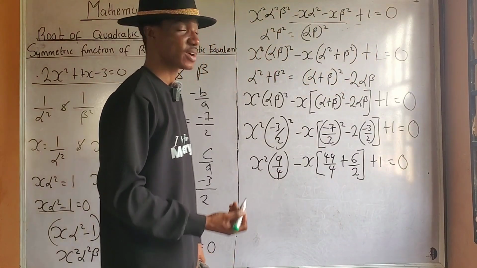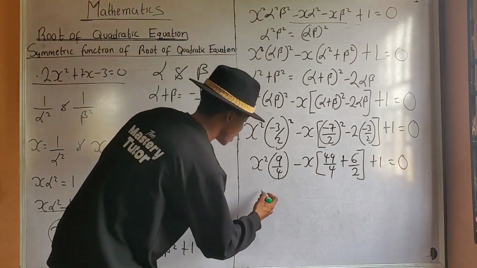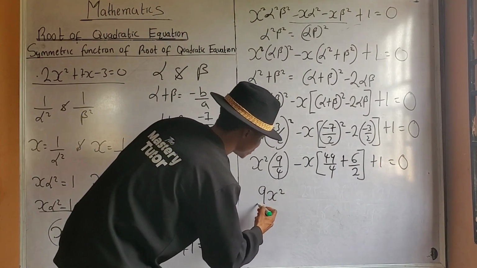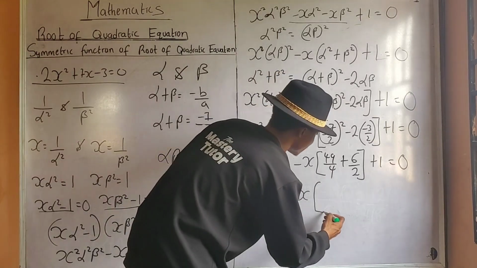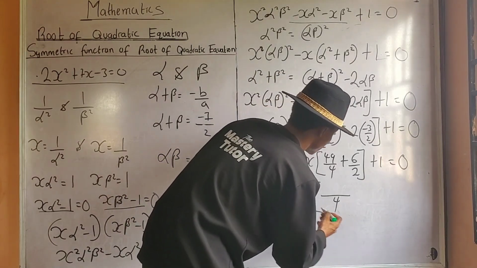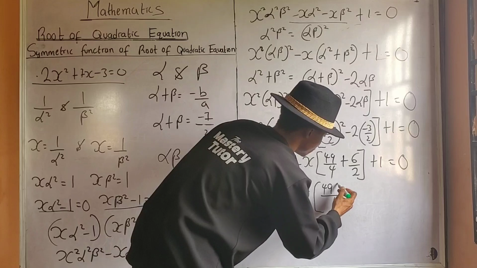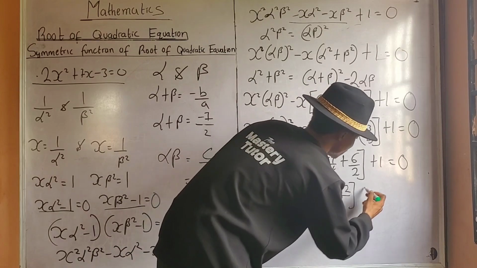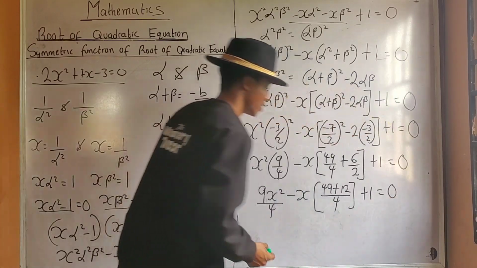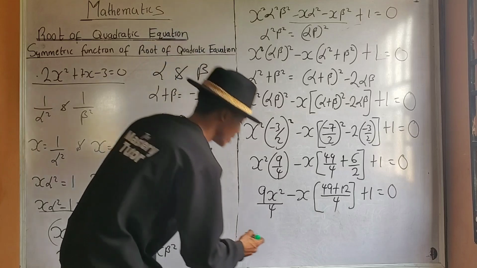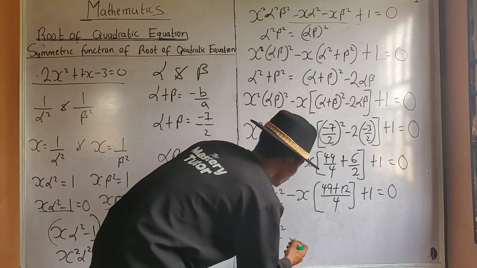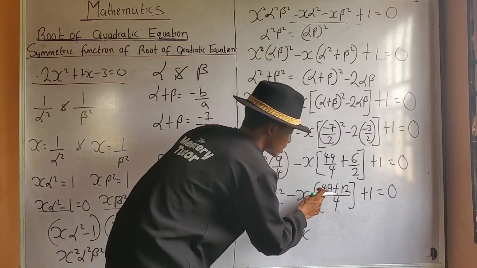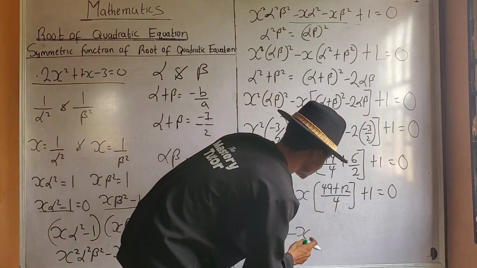Don't forget, our goal is to find the equation, right? So I'm going to have 9x squared all over 4 minus x multiplied by 4 is the same, 49 plus 12, then plus 1 equals to 0. Is that not it? Okay, here I'm going to have 9x squared all over 4 minus x. Now 49 plus 12, that is 61, right?